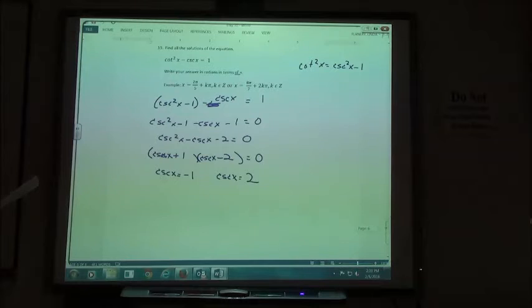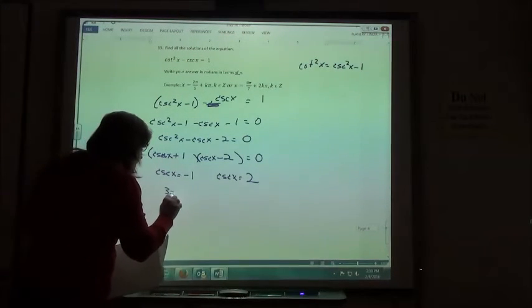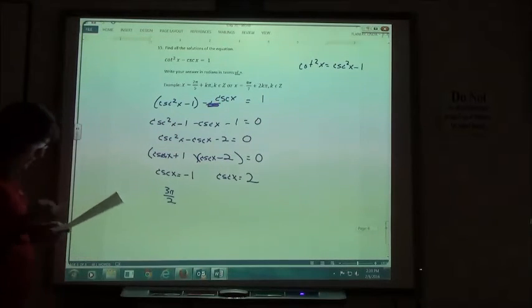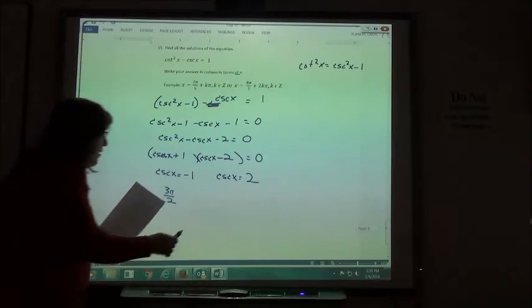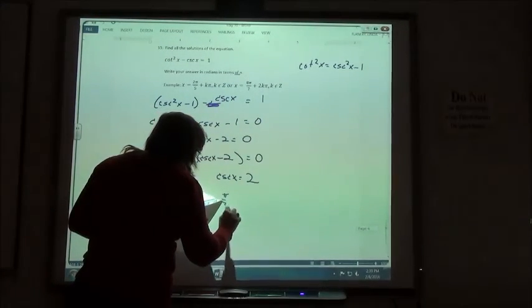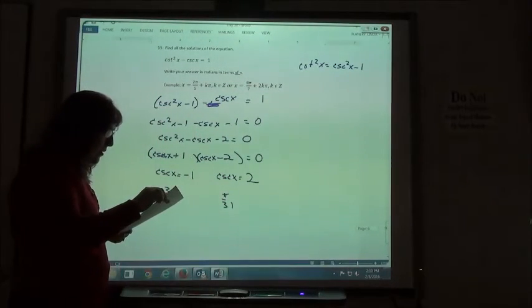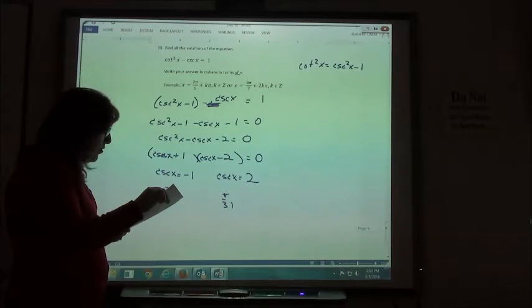So looking those up, cosecant of x equaling negative 1. Only one I find is 3 pi over 2. Cosecant of x equals positive 2.